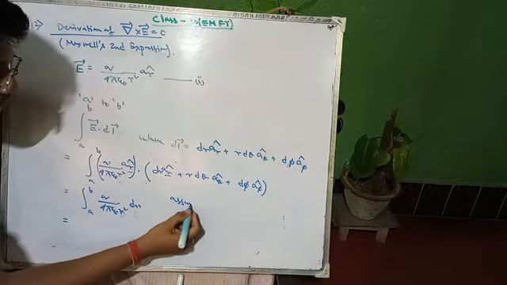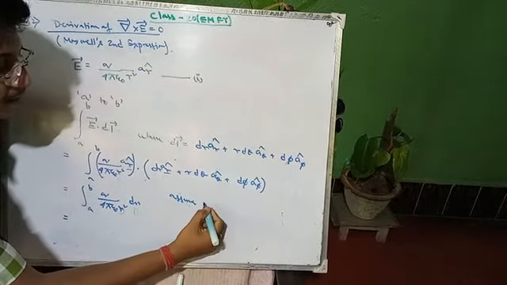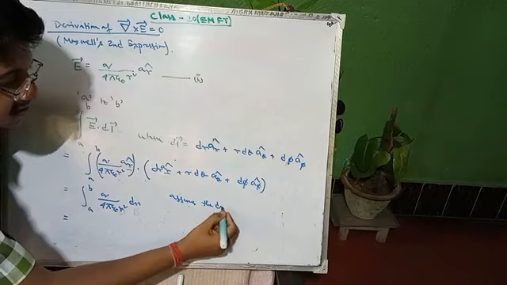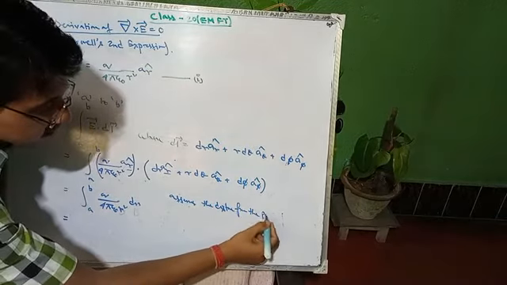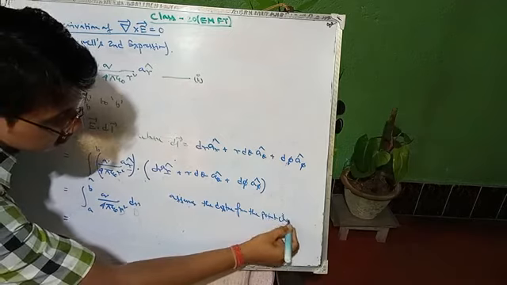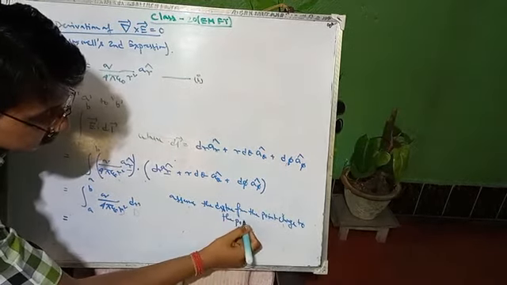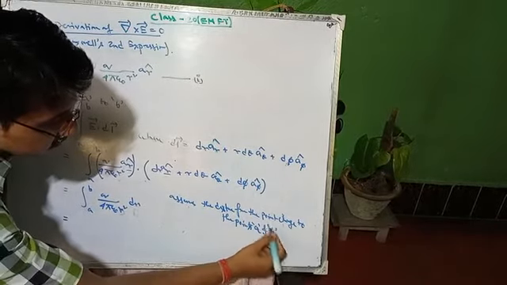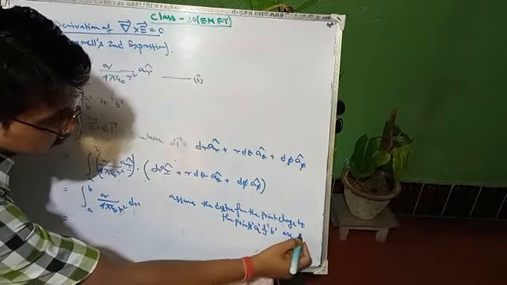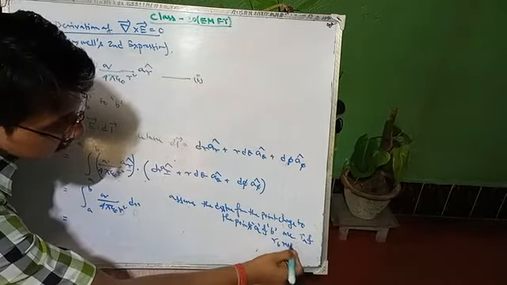Assume the distance from the point charge to the points A and B are RA and RB respectively.